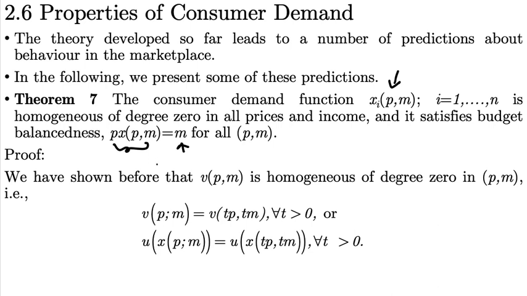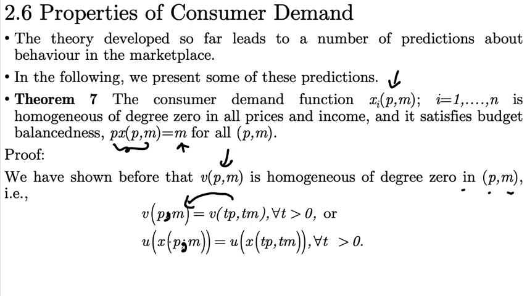So what's the proof here? We have shown before that the indirect utility function is homogeneous of degree 0 in prices and income. If we have the indirect utility function as a function of price and income, this one should be a comma, not a semicolon; there's a correction there. When you multiply prices and income by a constant, call it T, it still gives you the same indirect utility.